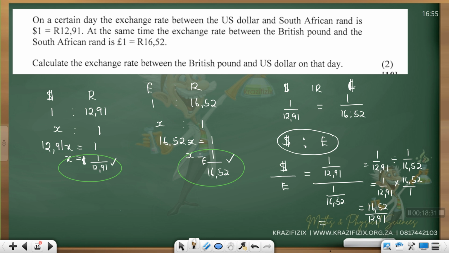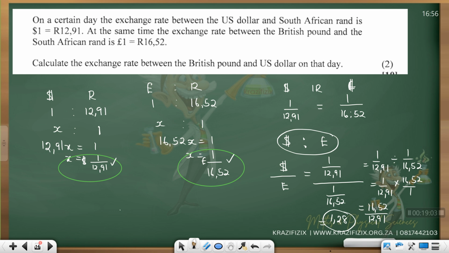How much is $1 in rands? One comma 28. All right. Now, what does this mean?